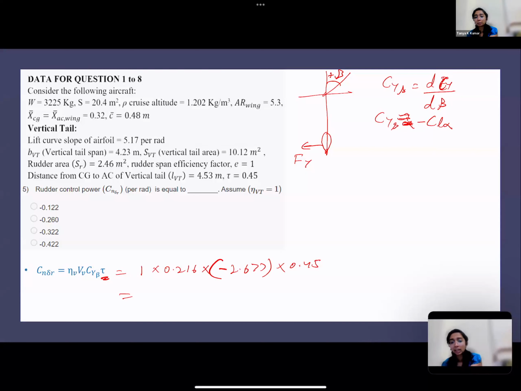That negative sign comes because positive beta produces negative force. So your Cy beta is negative. Okay, so just find out this. Minus 0.26, correct. Minus 0.26.